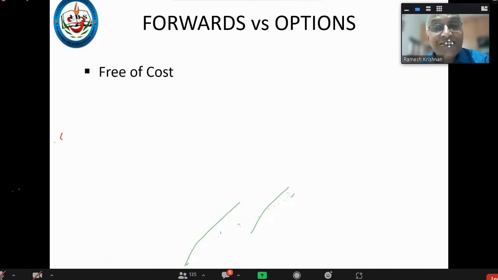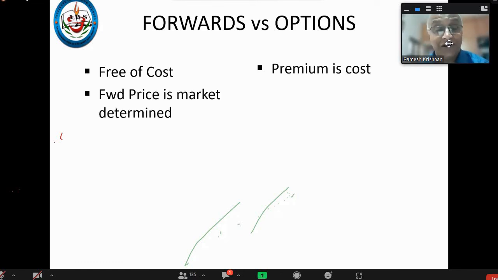In forwards, no customer pays any cost, and the bank also does not charge any, except for the transaction charge or customer margin, whatever it comes in the examination, that is in your A module. But there is no cost for a forward contract. Whereas in options, every customer who buys an option, whether it is a call option or a put option, pays a premium because the option writer runs the risk.